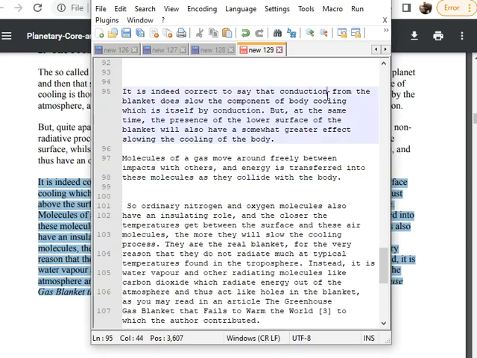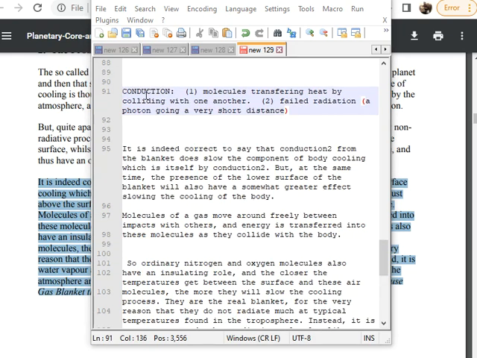Okay, and let's be clear, instead of calling this conduction, let's call it conduction 2, which is itself by conduction 2. The reason I want to call it conduction 2 is because I have these two different versions of conduction. Version 1 is molecules transferring heat by colliding with each other, and 2 is failed radiation, a photon going a very short distance.